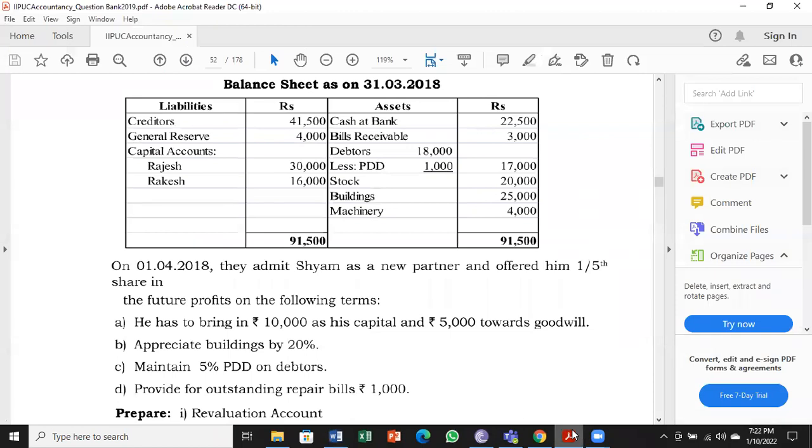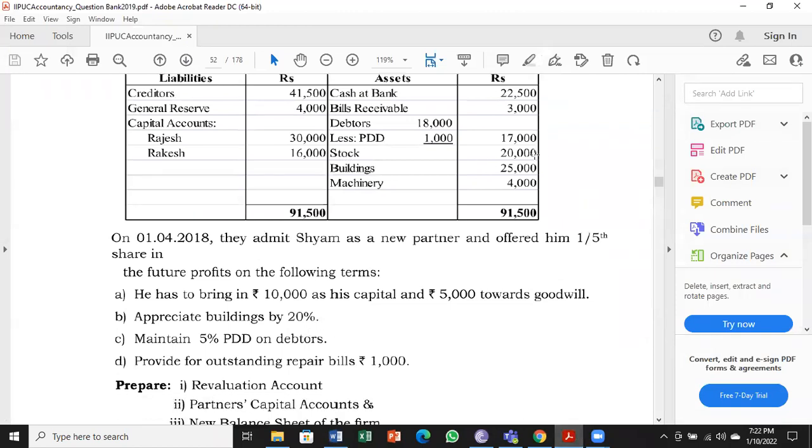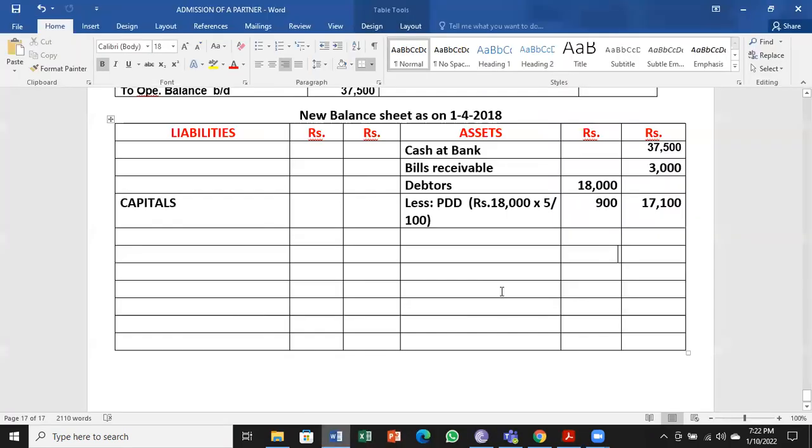Next, stock remains the same, 20,000. Buildings, next one, 25,000 is there.